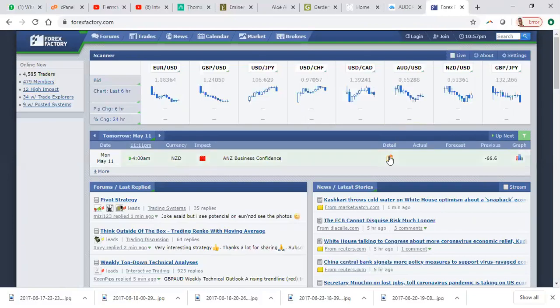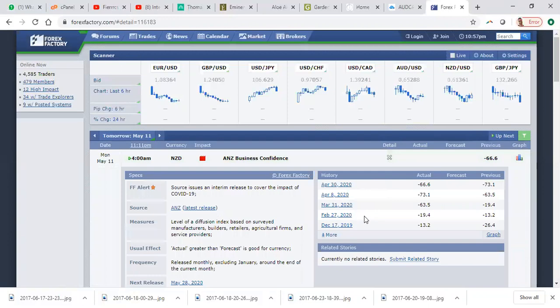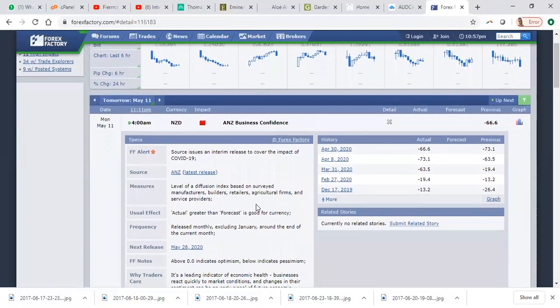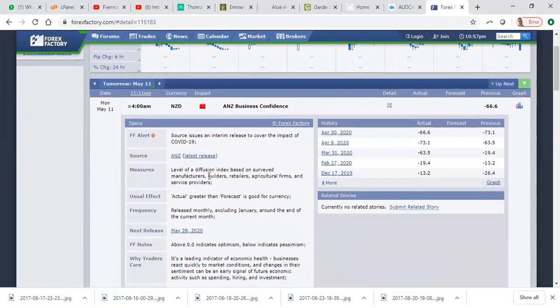If you open it up and look at the detail, what is ANZ business confidence? It's an interim release to cover the impact of COVID-19. So this is what the news is about, and this is what we should expect for the NZD news.